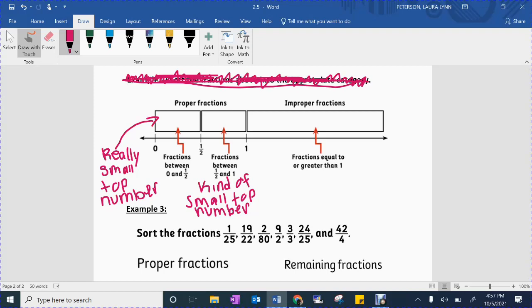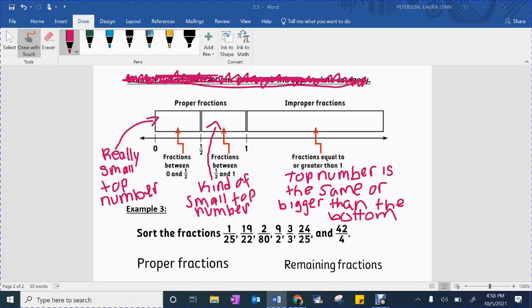Now you'll probably need to pause to write that down, so let's do that now. Good. Now let's write an arrow going to the middle box, and this note will say kind of small top number. Please pause the video to get that written down.